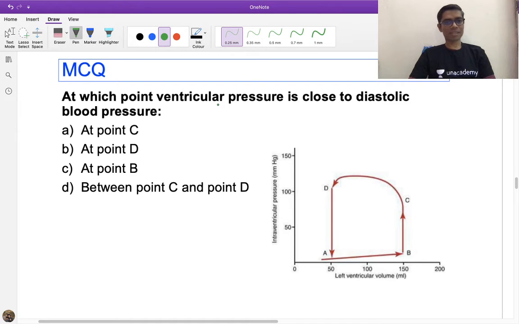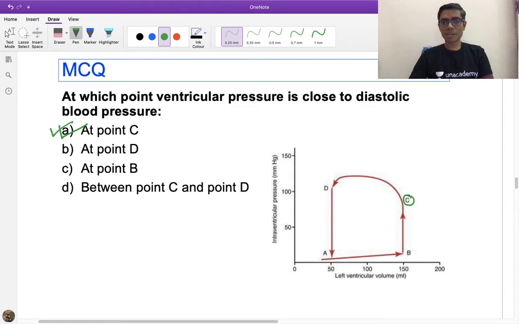Anyone? Option A you are talking about. Yes, point number C. Any other? Point number C you are talking about. Very good. So option A is the correct option. Point number C. Why point number C?